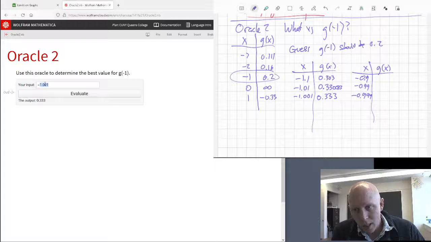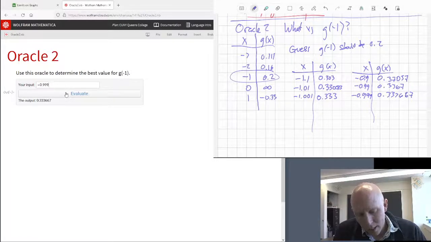And then from the other side, what do we have? Negative 0.9 gives us 0.37037. Negative 0.99 gives us 0.3367. And negative 0.999 gives us 0.333667.